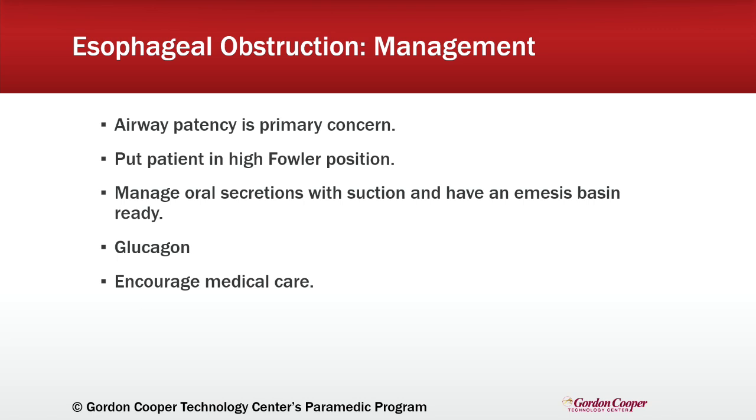But once again, this is going to be protocol dependent or under direct direction of medical control. There is an off chance that you may not carry enough glucagon on the truck to accomplish this. If the object is removed on scene, encourage the patient to continue to seek medical care, whether we transport them or they go on their own.